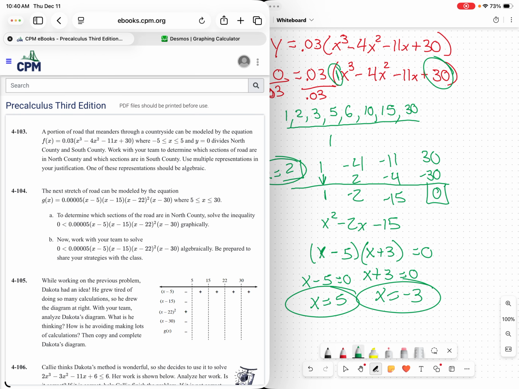Okay, so 104. The next stretch of road can be modeled by the equation. So we have this equation, between 5 and 30. To determine the sections of road in North County, solve the inequality graphically. So let's try to graph this.